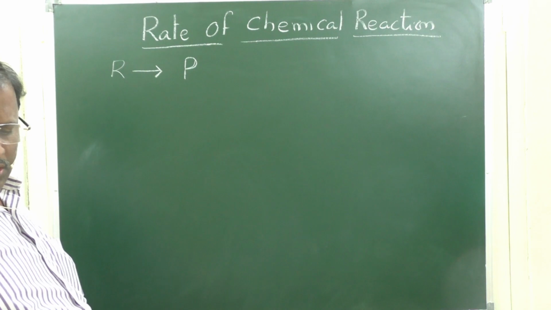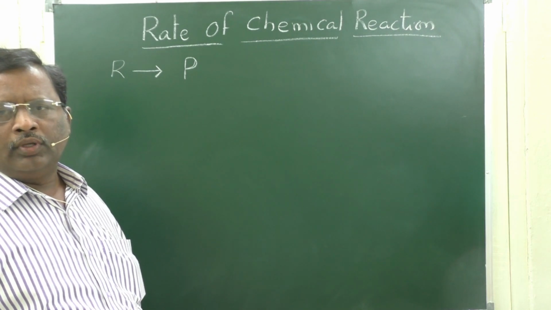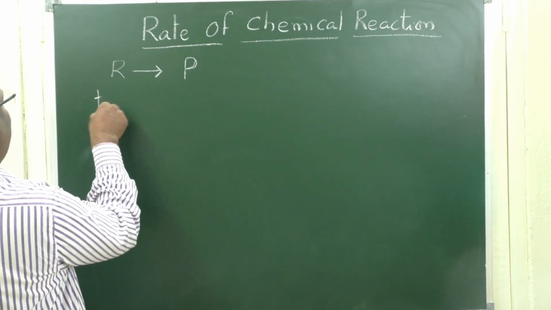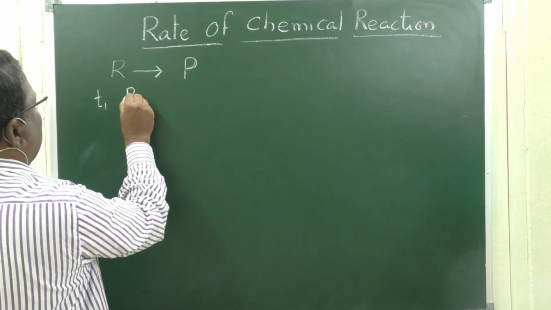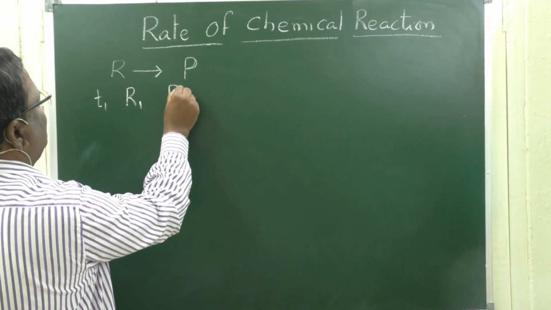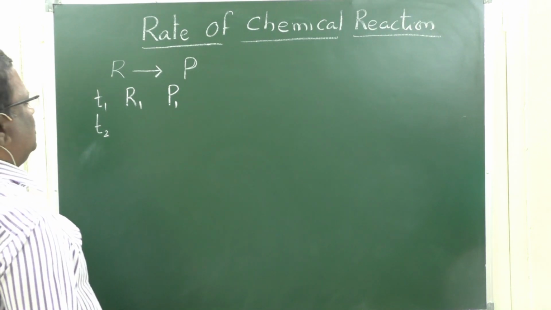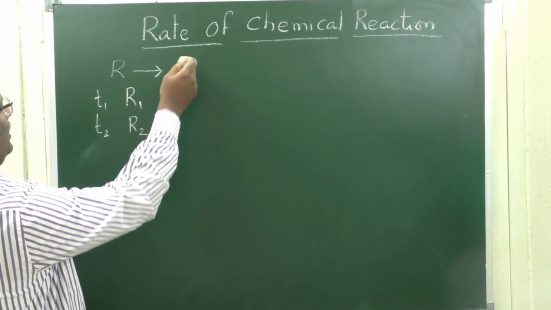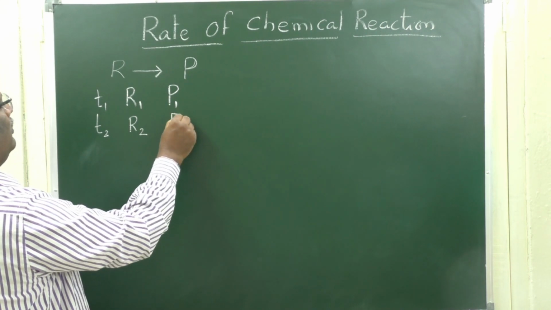Now, in this chemical reaction, let the reaction be carried out at constant volume, and at a time T1 the concentration of reactant is R1 and concentration of product is P1, and at a time T2 the concentration of the reactant is found to be R2 whereas the concentration of the product is found to be P2.